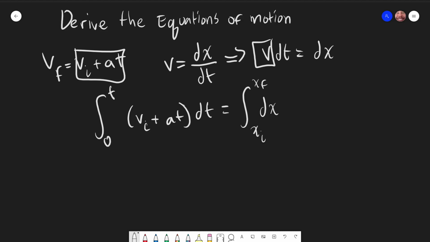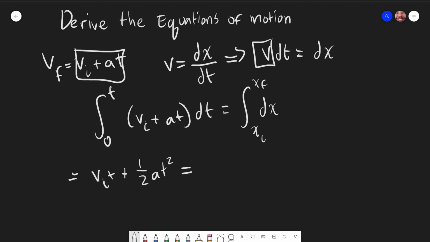We have to take the antiderivative of this function, which would literally just be vi times t plus 1/2 at squared. This is a very simple polynomial rule if you've taken calculus.